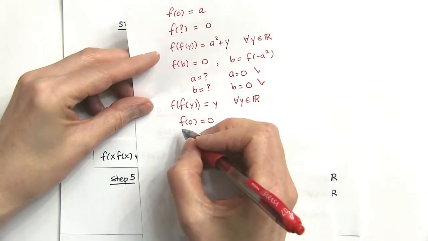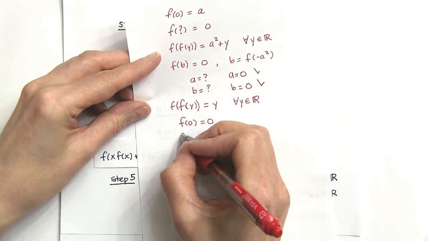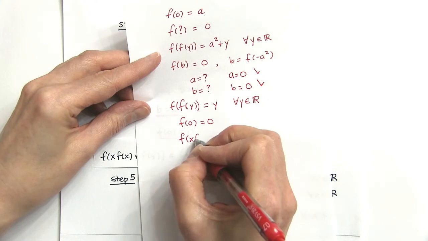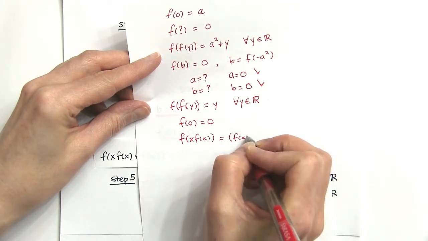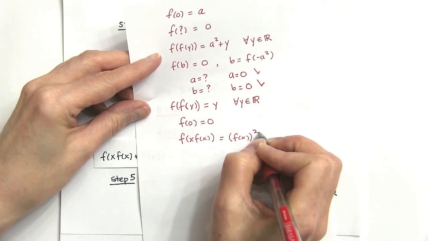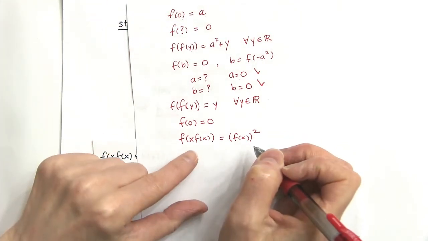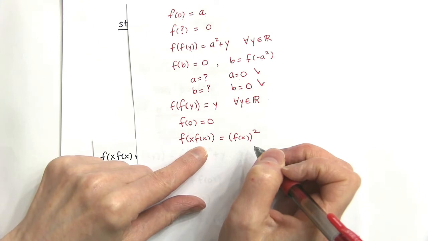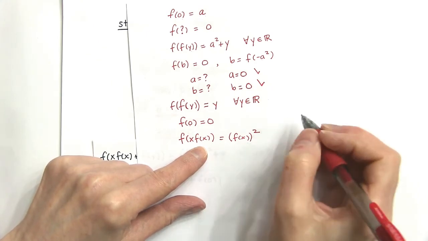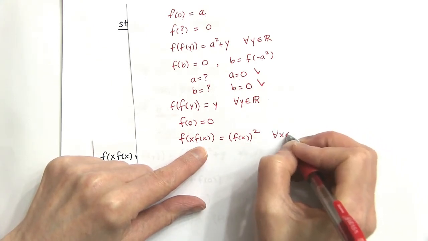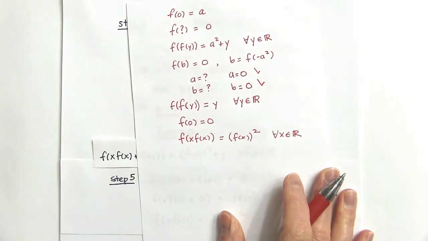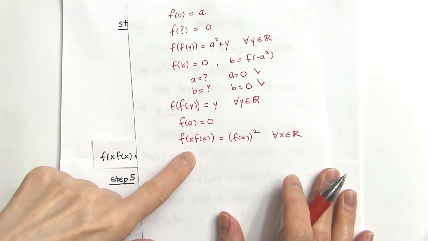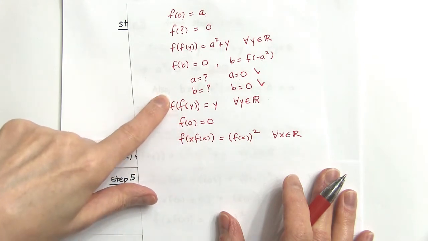So at the end of step 5, I've discovered that f evaluated at x times f at x is the square of f at x for every real value x. So I could combine this thought with this property, which we got at the end of step 3.